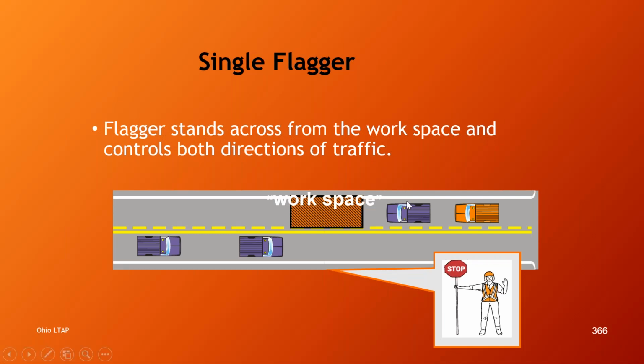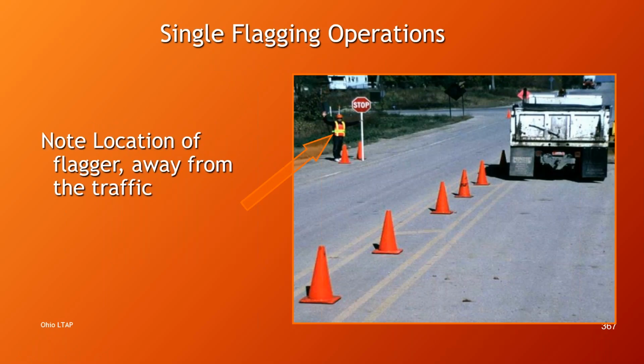If you have a single flagger operation, you can see in this picture where the flagger is standing directly across from the workspace on the shoulder of the road, so that they are visible to traffic coming in both directions.